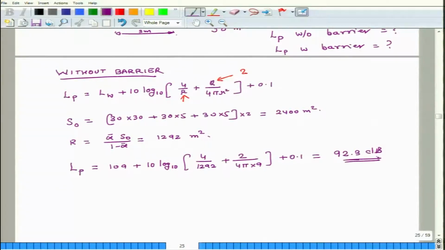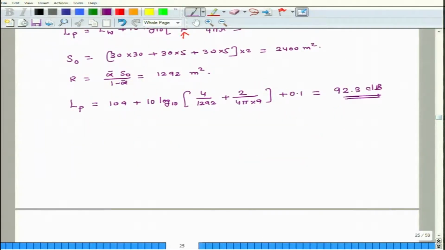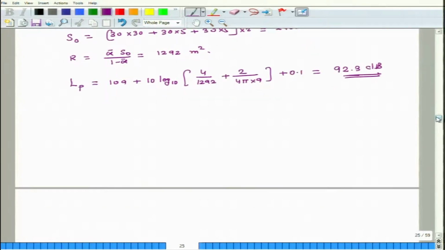So, again this is a very high sound pressure level, we do not like this at all. The person will go deaf if he gets exposed to this pressure level for extended periods of time. So, we want to reduce it.